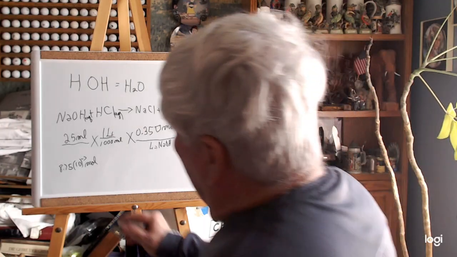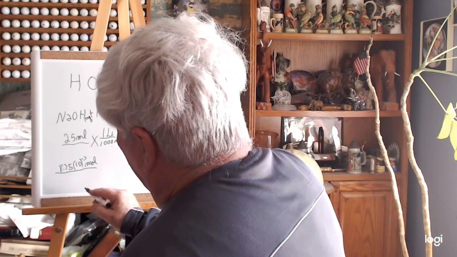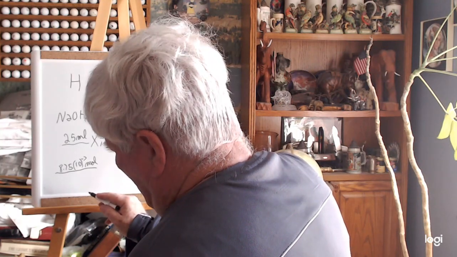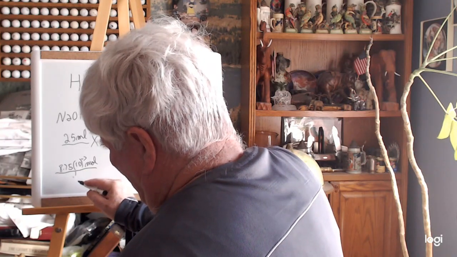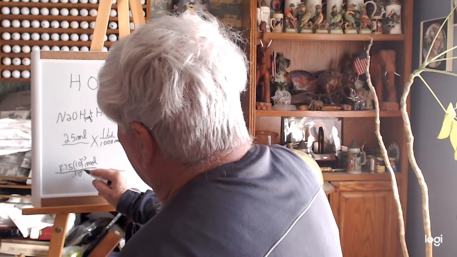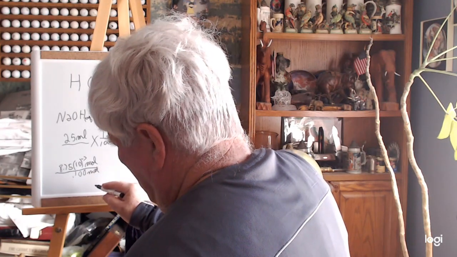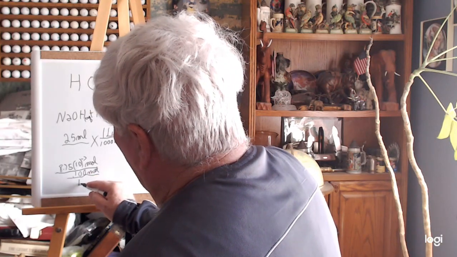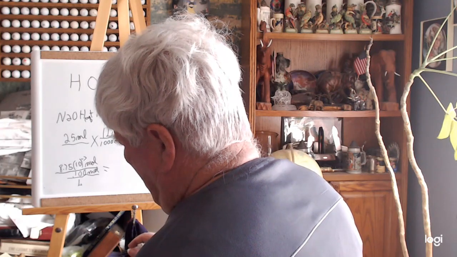So take 8.75 times 10 to the minus third moles of the hydrogen ion divided by the 0.1 molar solution, which is given to you in the problem, per liter.